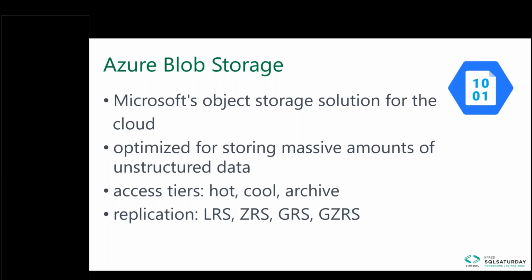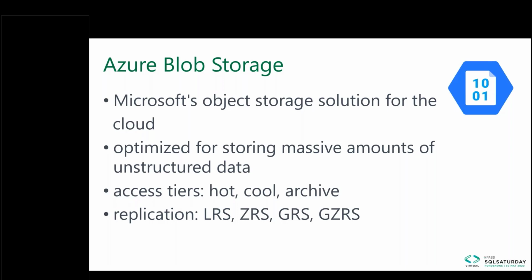That's why it's very often used in big data solutions. And even if you don't have a large quantity of data, but you have various types of data, then you also often use Blob Storage. It's Microsoft's object storage solution for the cloud. It's optimized for storing a large amount of unstructured data.